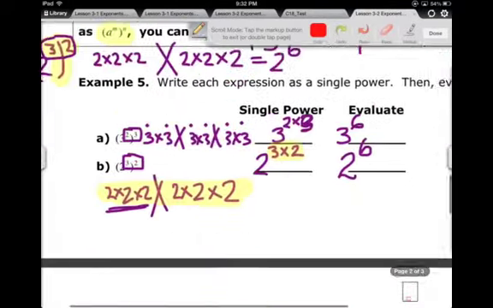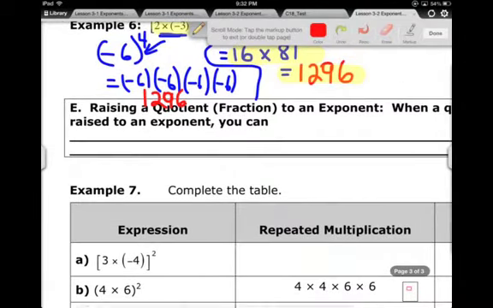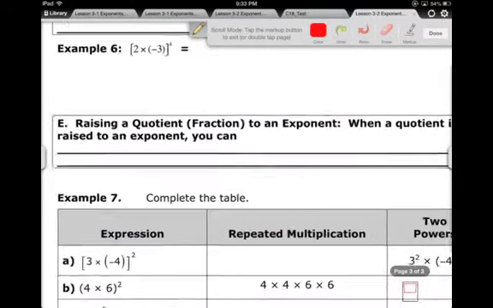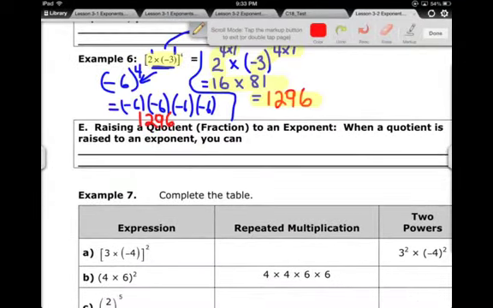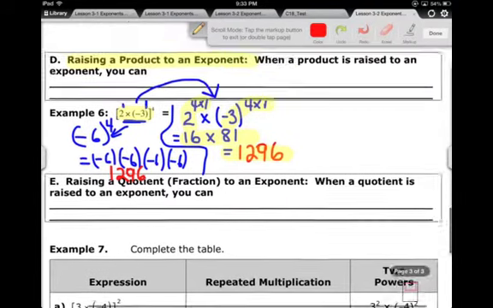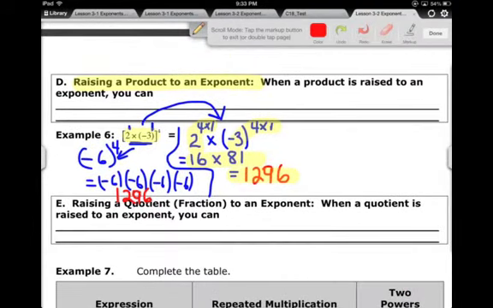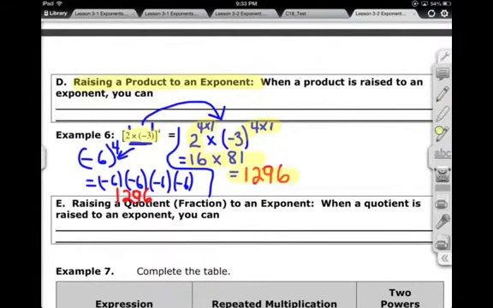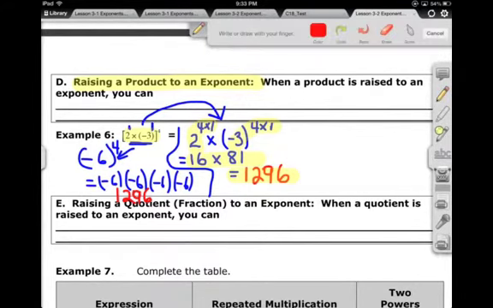Let's go down a little bit further here. Okay. So, raising a product to an exponent. Let's get out our rules, get a color we can stand.